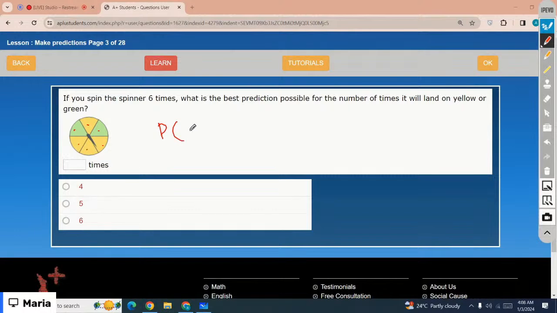So the probability of yellow or green is 6 by 6 equals 1. Then you spin the spinner 6 times. So you have to do 1 times 6. That means total 6 predictions that it will land on yellow or green. The correct option is 6. Got it?